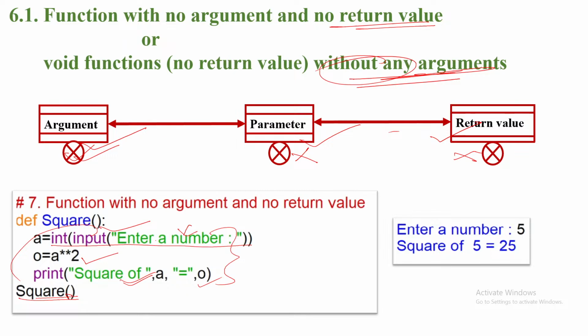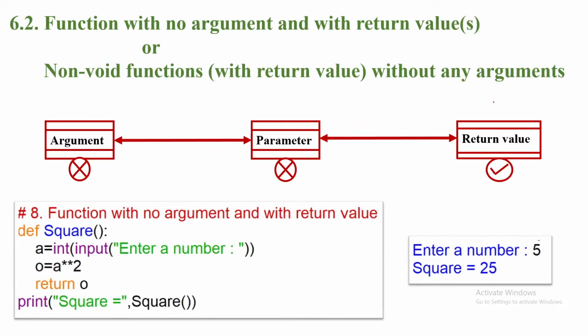Can you pass any parameter, any argument here? No. So no argument, no parameter receiving, but inside it is doing everything, right? So this type of function is called function with no argument and no return value. Here it is not returning any value.